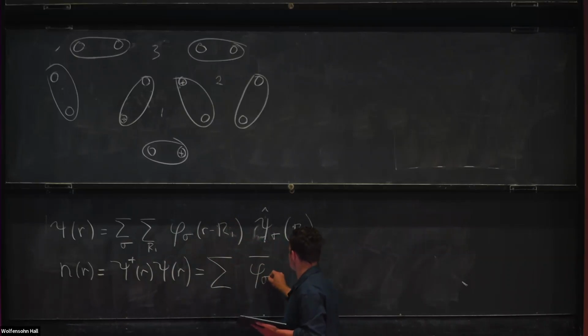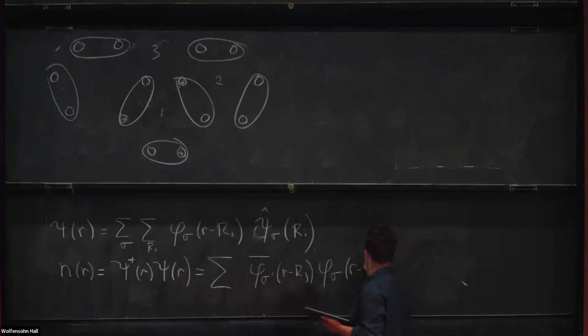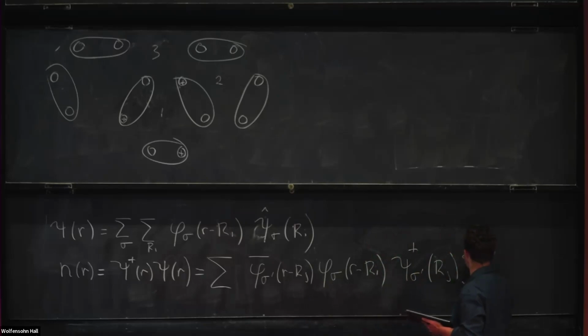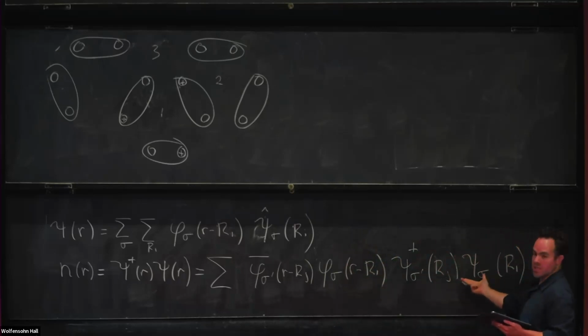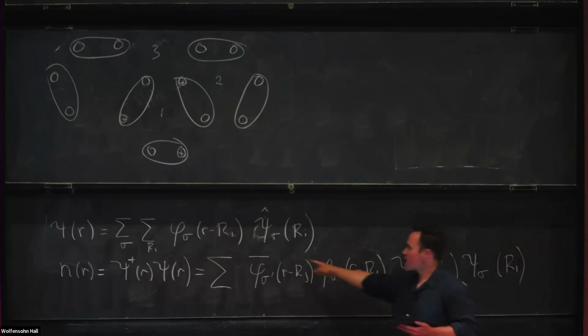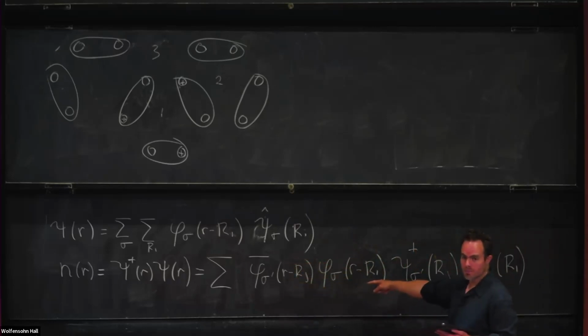So I'll get a psi prime on R_j. And so to figure out the density on a bond, this lets us relate expectation values in the tight binding model, these occur at discrete points, to the actual continuous charge distribution.